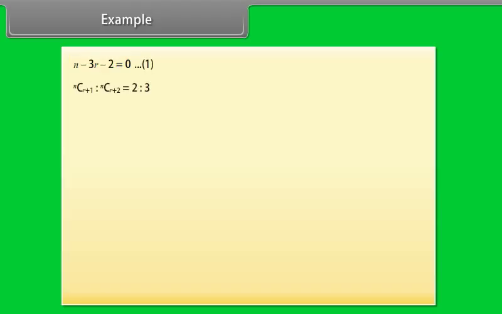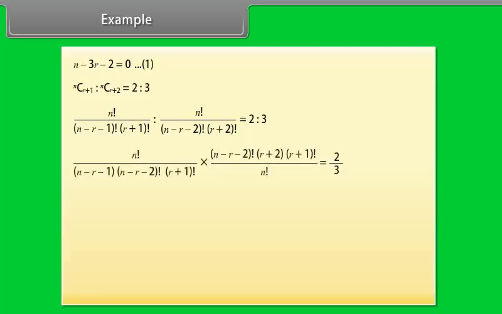Name it as 1. nC(r+1) is to nC(r+2) is equal to 2 is to 3. n factorial by (n minus r minus 1) factorial into (r plus 1) factorial is to n factorial by (n minus r minus 2) factorial into (r plus 2) factorial is equal to 2 is to 3. n factorial by (n minus r minus 1) into (n minus r minus 2) factorial, (r plus 1) factorial multiplied by (n minus r minus 2) factorial into (r plus 2) into (r plus 1) factorial by n factorial is equal to 2 by 3. (r plus 2) by (n minus r minus 1) is equal to 2 by 3. 2n minus 5r minus 8 is equal to 0.